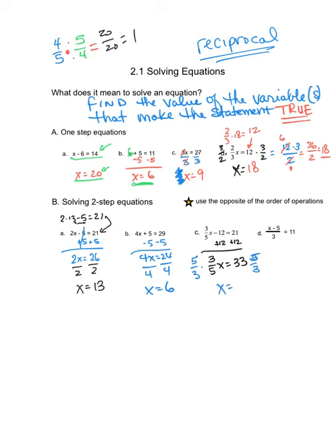And once again, ladies and gentlemen, I'll show you this. This is 33 times 5 divided by 3. The 3 and the 33 have a common factor of 3. So 33 divided by 3 is 11. 3 divided by 3 is 1. So we end up with 11 times 5, which is 55.